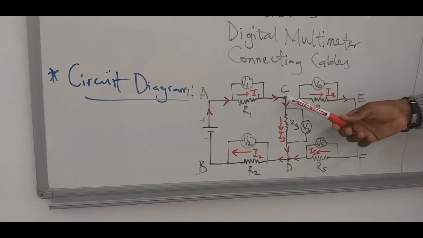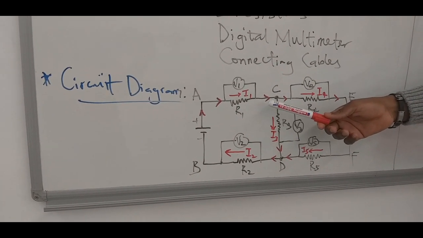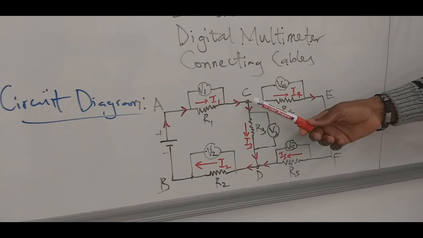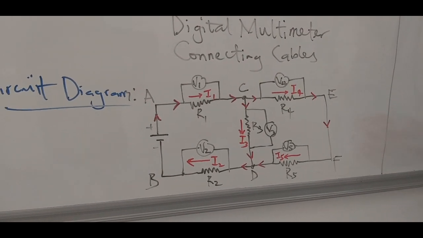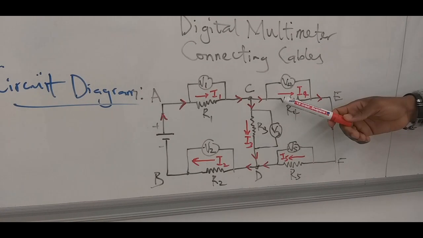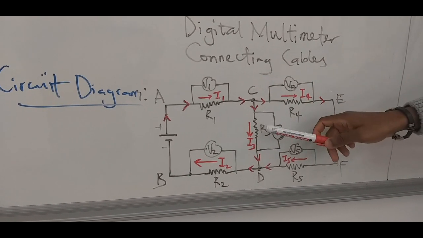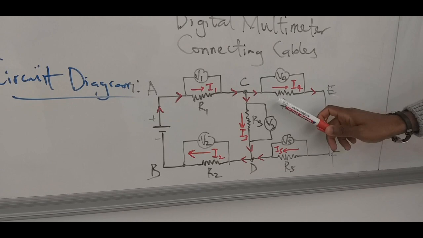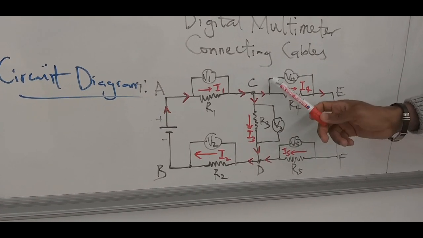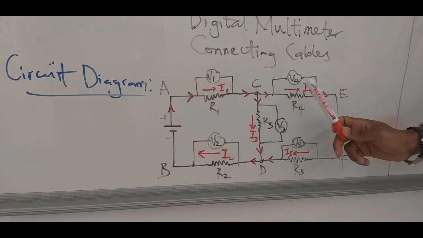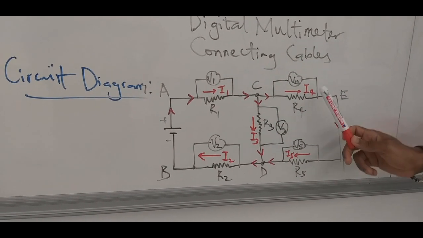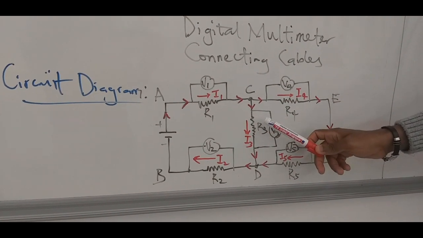When the current comes to this junction, it splits. Depending on the resistance of each resistor, some will go in here and some will flow down here, because three resistors are interconnected at this point. So depending on the resistances of these resistors, some will come in here, some come in here as well.